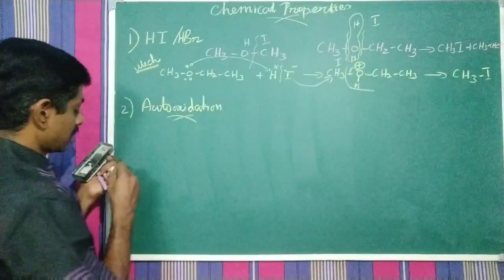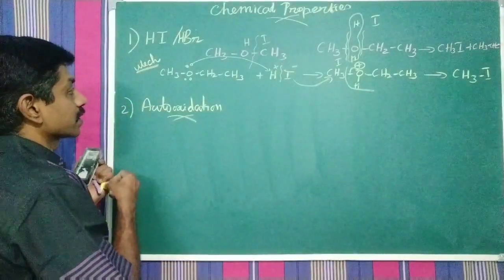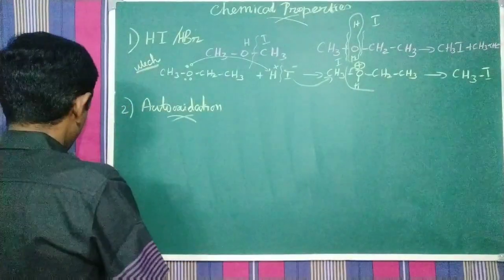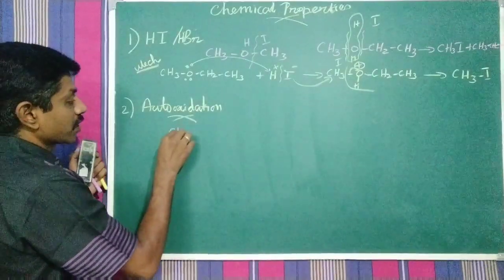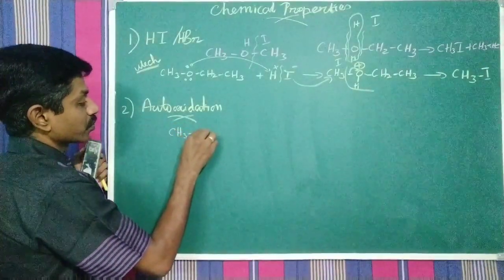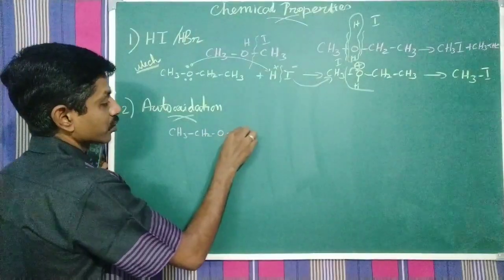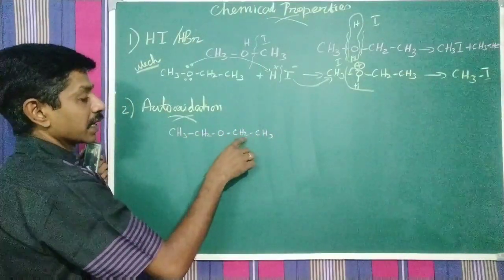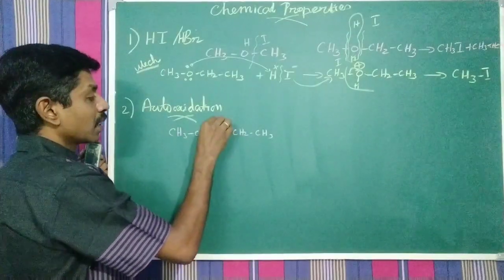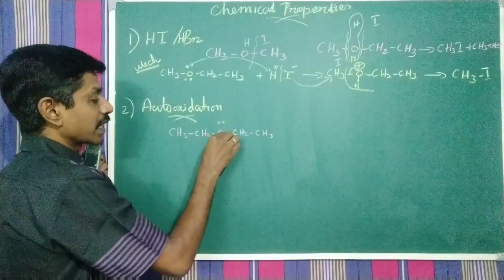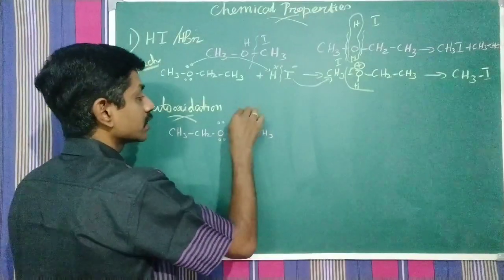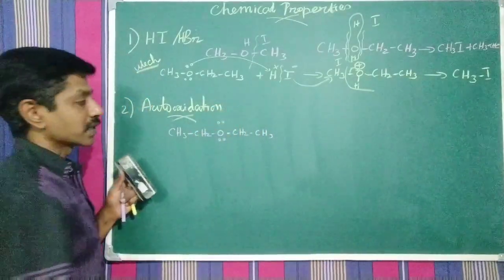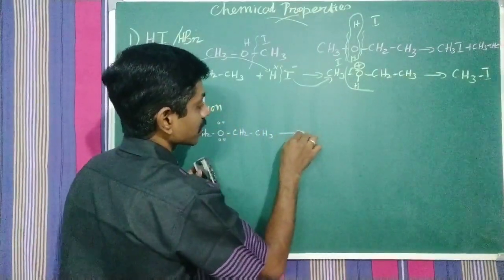So what is actually happening with the ethers? When we take a molecule of ether, CH3CH2OCH2CH3, this is a diethyl ether. That ether as usual carries lone pair of electrons. It joins to the atmospheric oxygen. There are two types of products possible.